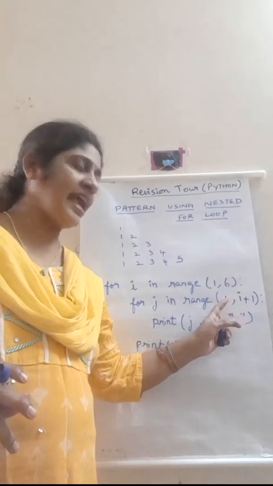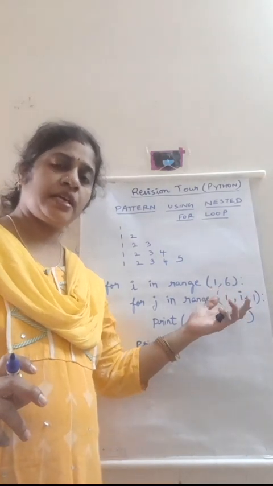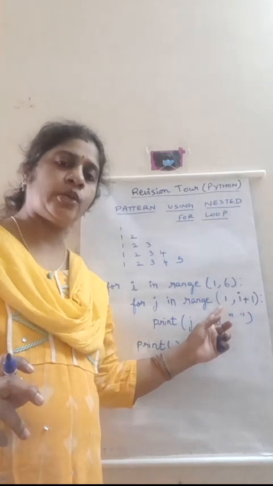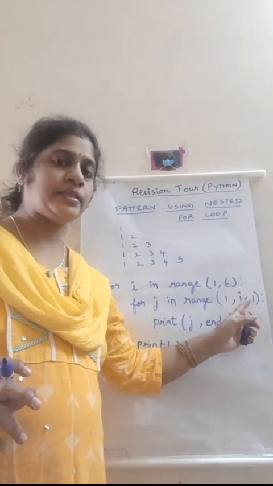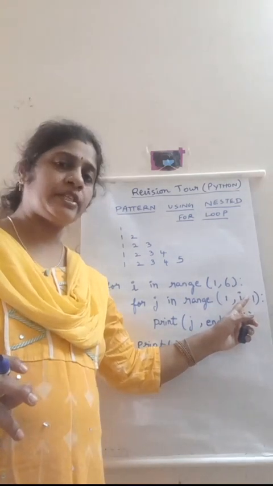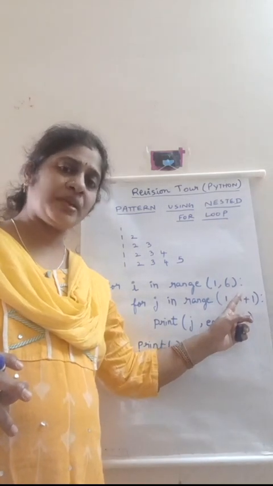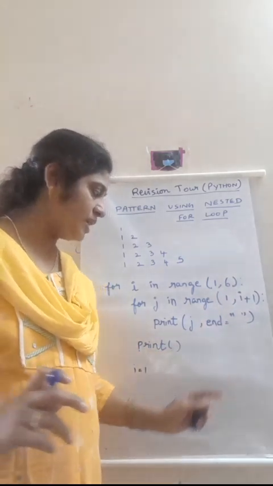It will be I minus 1, that is 1 minus 1, it will be 0. So it won't go inside at all. It won't execute the internal loop at all. So I have written here I plus 1, that is 1 plus 1, 2. It will stop at 1 only, that is 2 minus 1, 1. So for one time the loop will run and it will display the number.